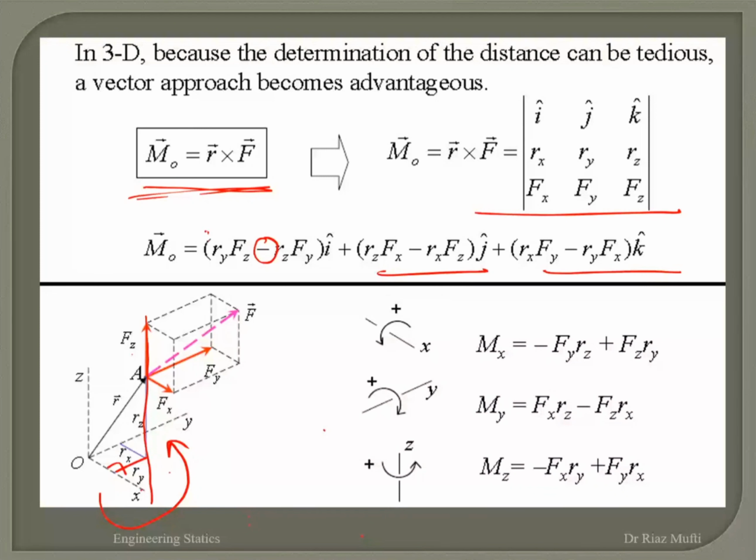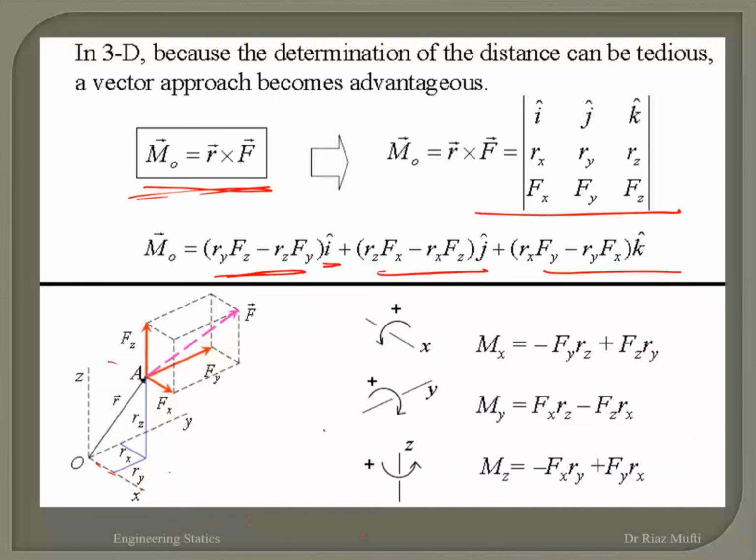Now let us look at the effect of Fx on the rotation of my x-axis. Now Fx is parallel with my x-axis, so it cannot rotate my x-axis, it rotates the y-axis. So in the i term, there are two terms.